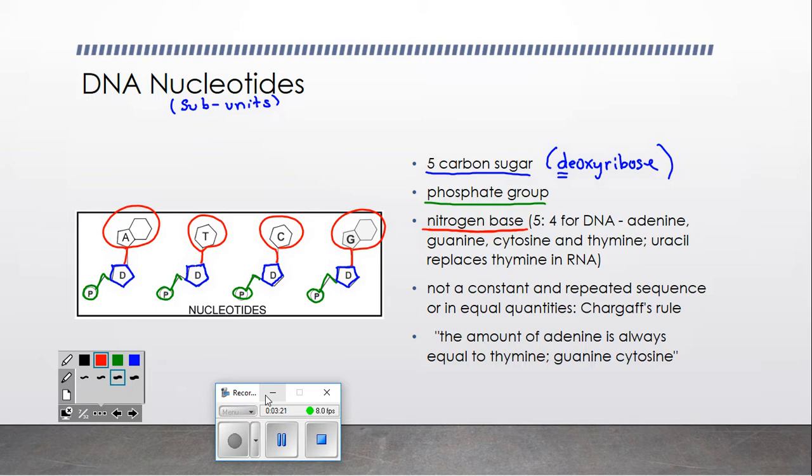Now, when we're talking about DNA, which we are right now, there are 4 different bases that we could use. Adenine, which is the A here.